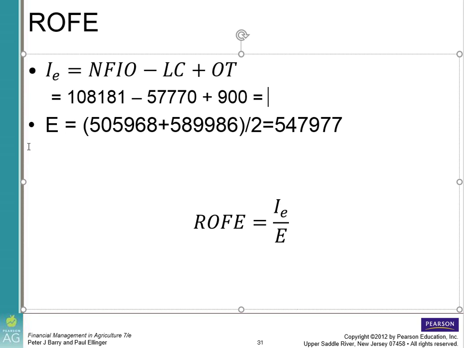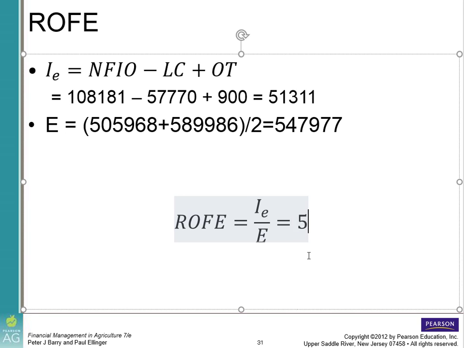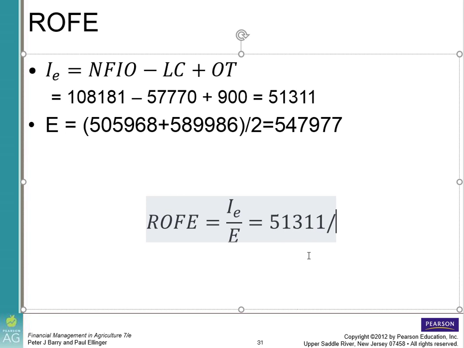Okay, this then equals 51,311. Okay, so then you have IE, you have E, you simply plug in the values. 51311 divided by 54.